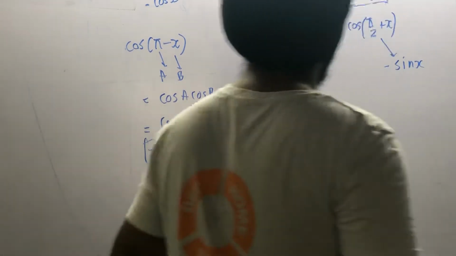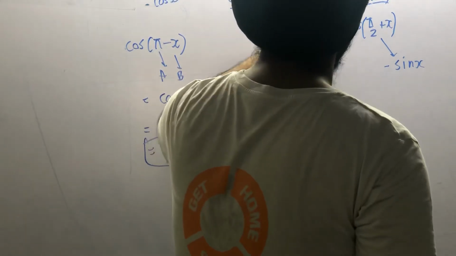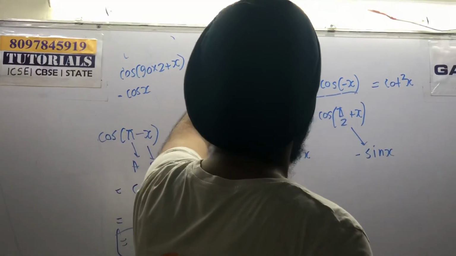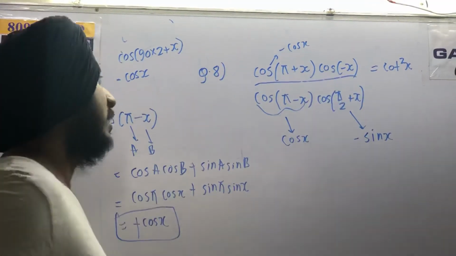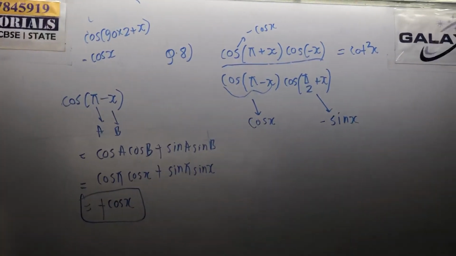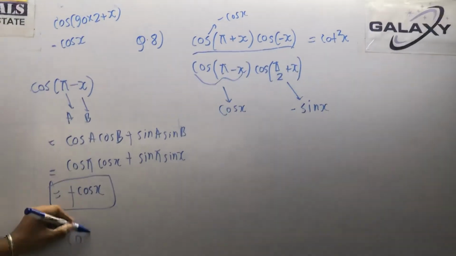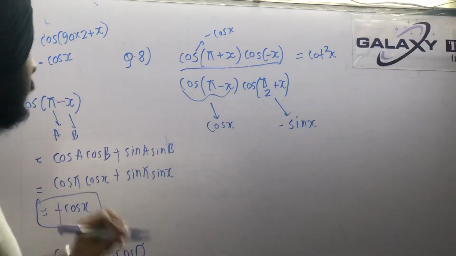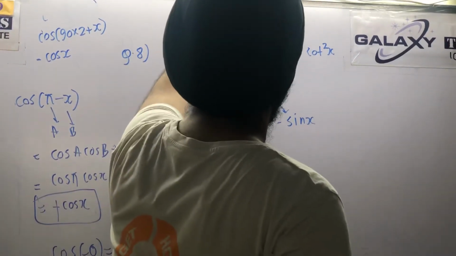Cos pi minus x is cos x. And cos pi plus x is minus cos x. And this one is remaining, cos of minus x. Cos of minus theta is what? We have done that identity before. Cos of minus theta is cos theta. So cos of minus x will be cos x.